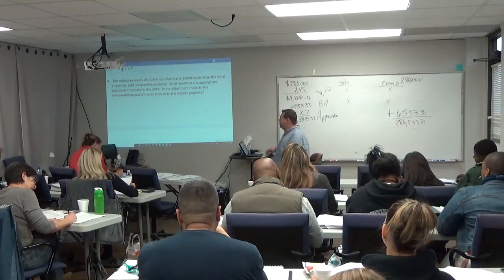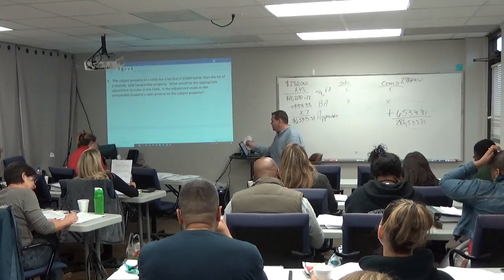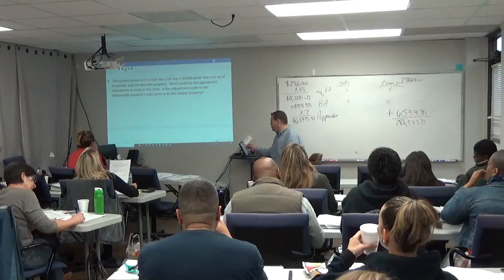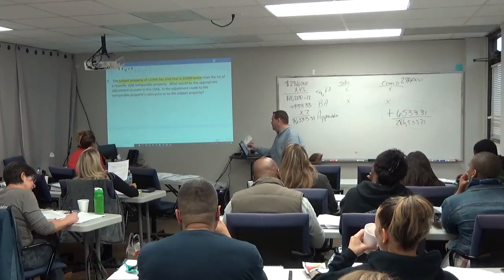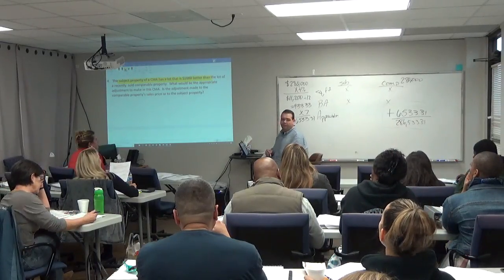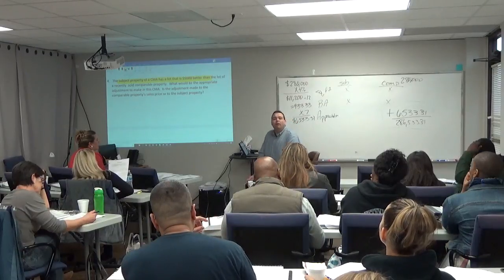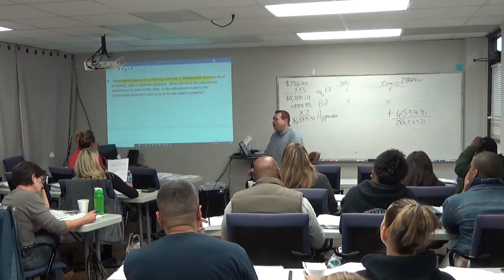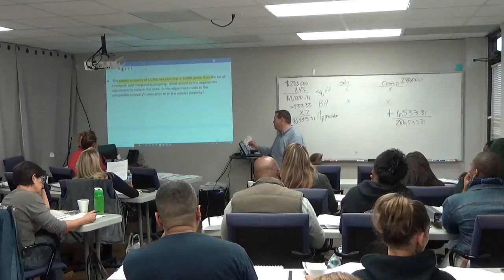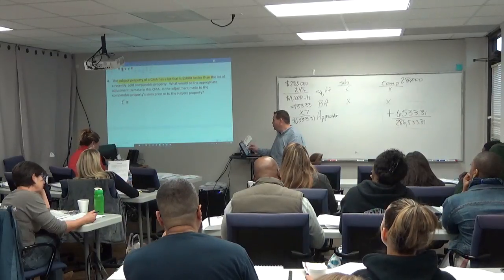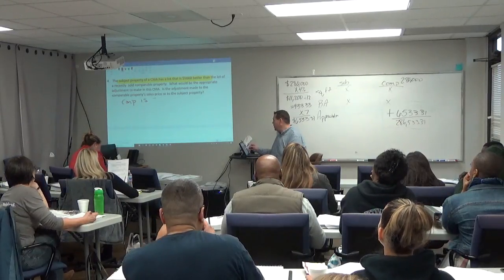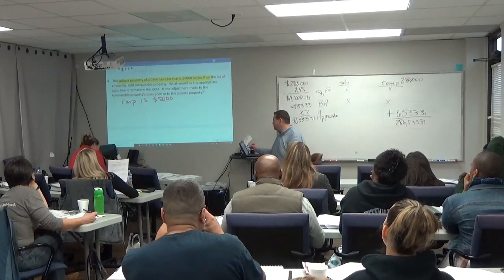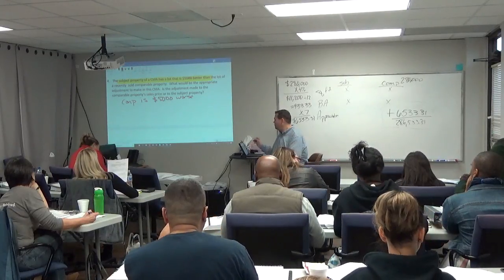So here's my problem with this question. I don't like this language. The subject has a lot that's $5,000 better, right? Make it about the comp. How do I rewrite that sentence to be about the comp? The comp's lot is $5,000 worse, right?